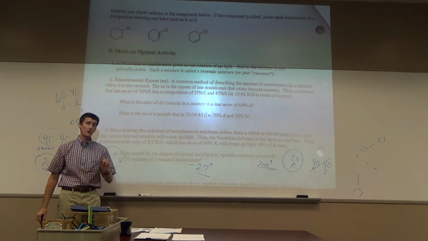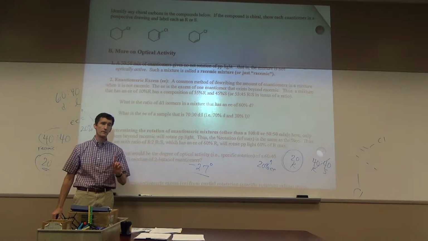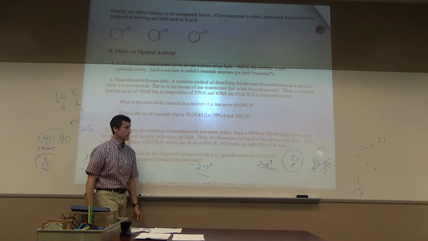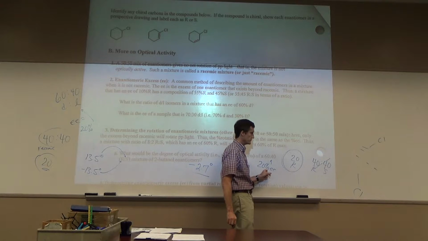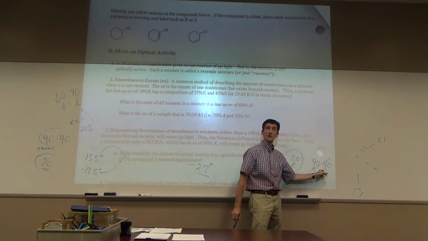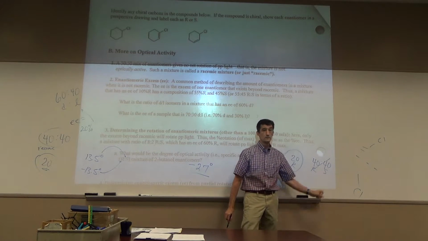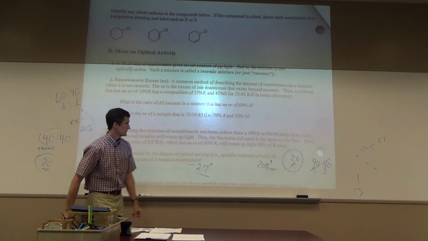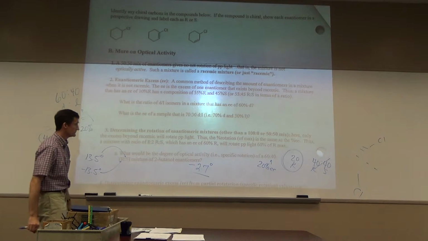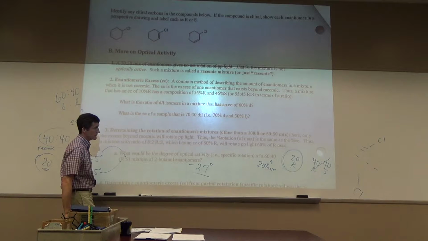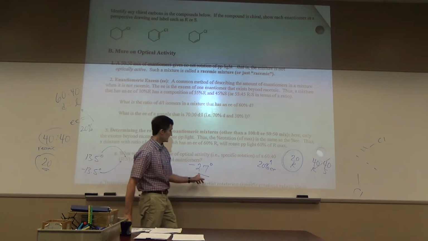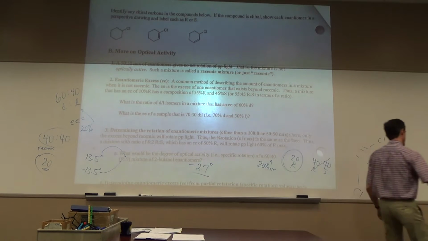Because the EE is also the amount that rotates. It's actually the amount that rotates because the remainder cancels each other out. So you would expect negative 2.7 of such a mix.